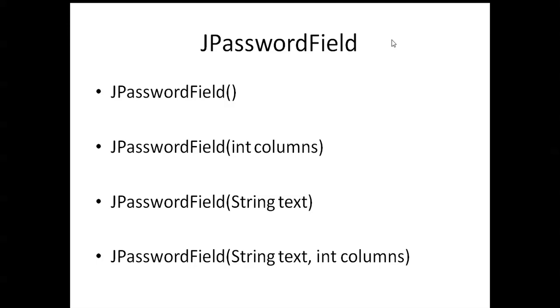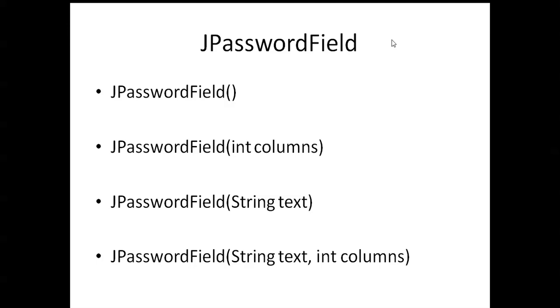First is the default constructor, that is JPasswordField(). Then the second constructor form is JPasswordField(int columns), where columns represent the number of characters inside the password. Then the third constructor form is JPasswordField(String text), where text specifies the message which is displayed inside the password field.